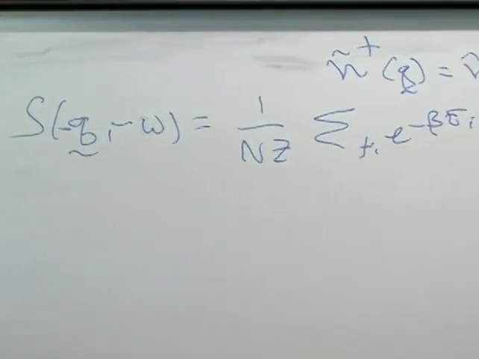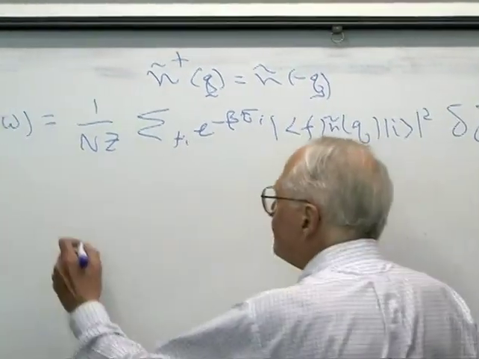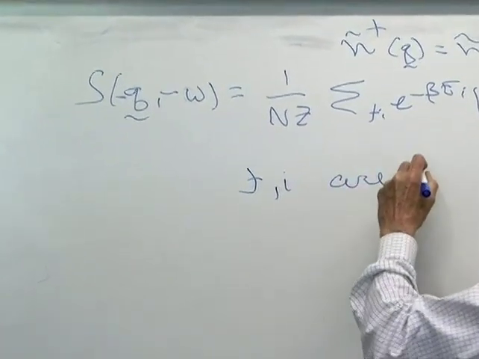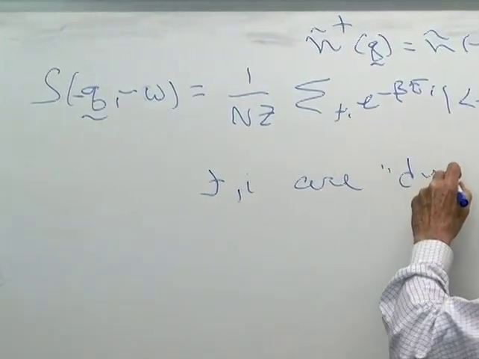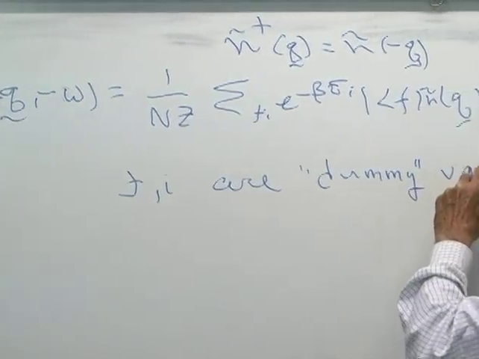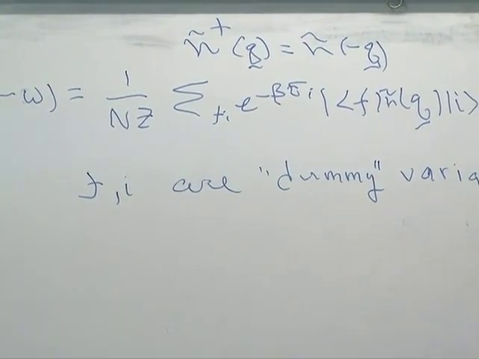Now I notice that I'm summing over all F and I. F and I are what I call dummy variables. They're just labels.